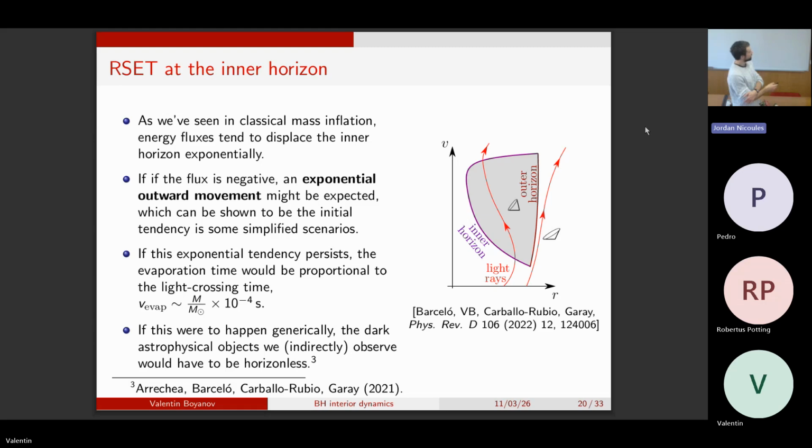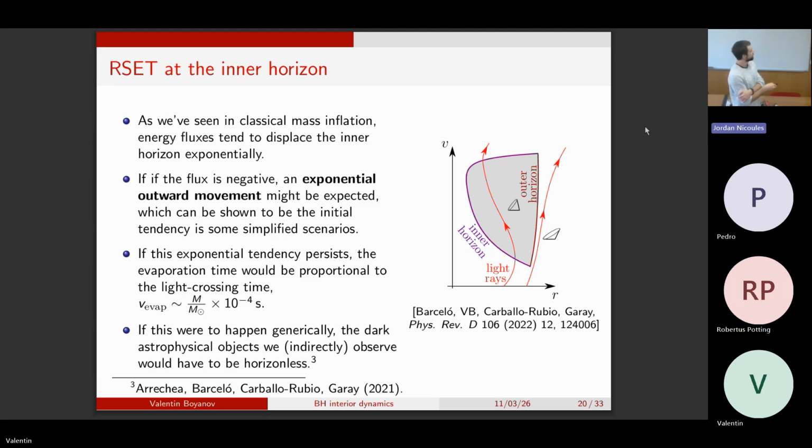And much like the inner horizon is displaced inward exponentially in the classical case, one might expect that if the flux is negative, then the exponential displacement of the inner horizon might turn around and head outwards. And so the trapped region would then sort of not exactly evaporate, but disappear from the inside out very abruptly.